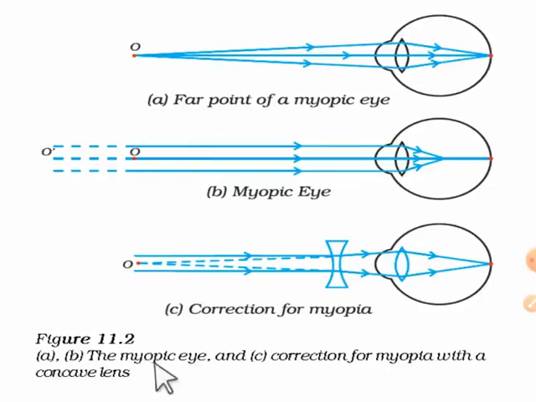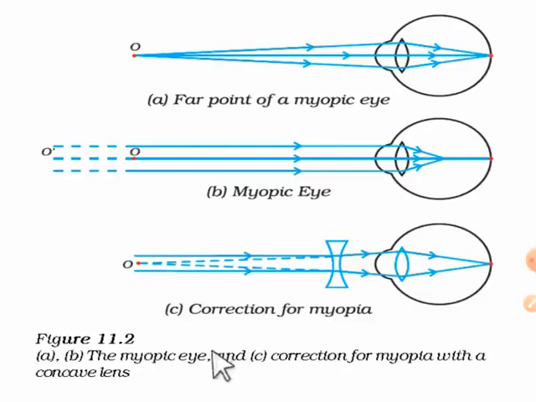So a myopic eye may be termed as short-sightedness or near-sightedness. That means a person having myopia can see only nearby objects very clearly, but cannot see far off or distant objects.